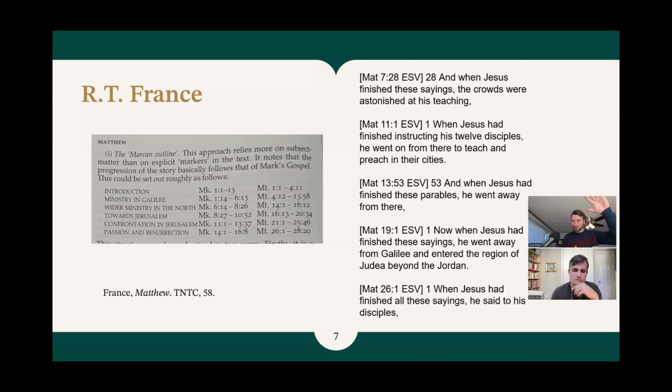So Matthew's just following that same structure, but on the way, he's inserted these five discourses of Jesus at relevant parts. It's not as if they're random, but they fit into the timeline, the narrative that we see in Mark.